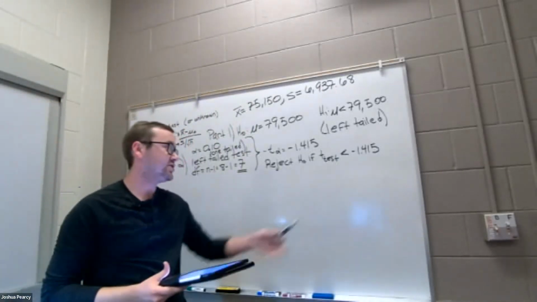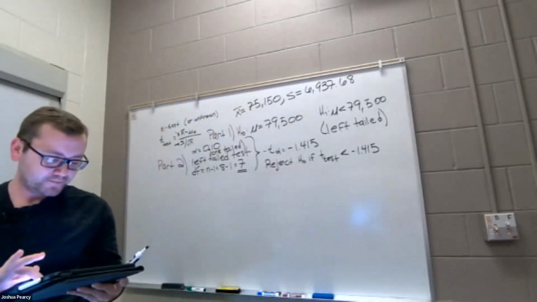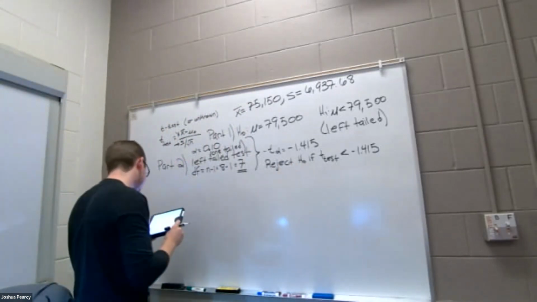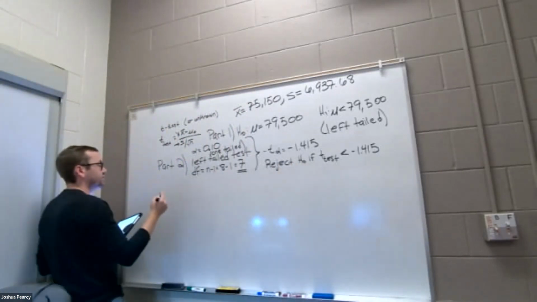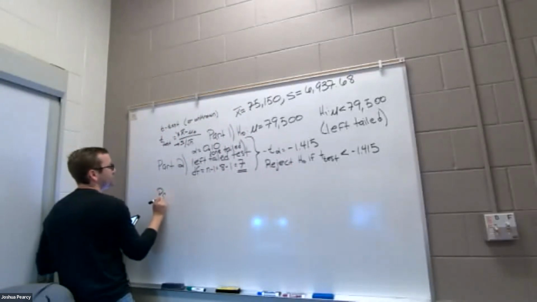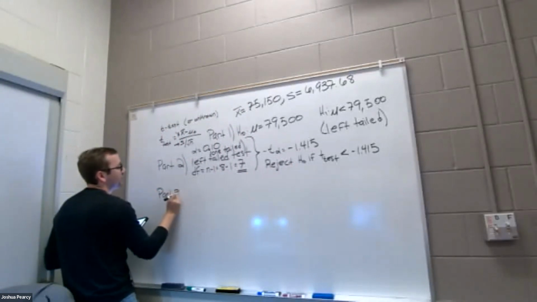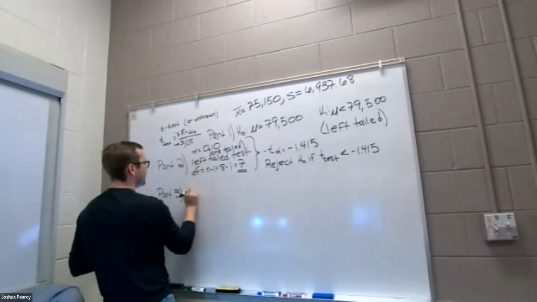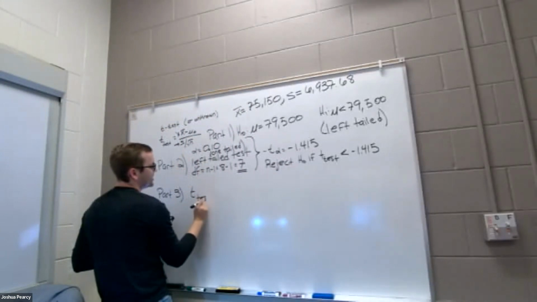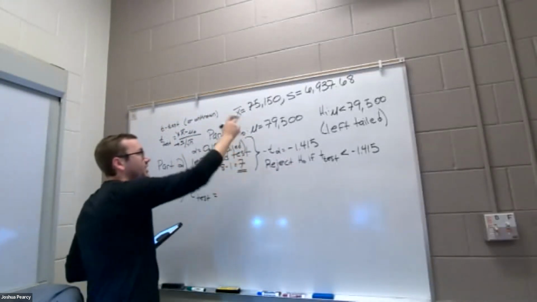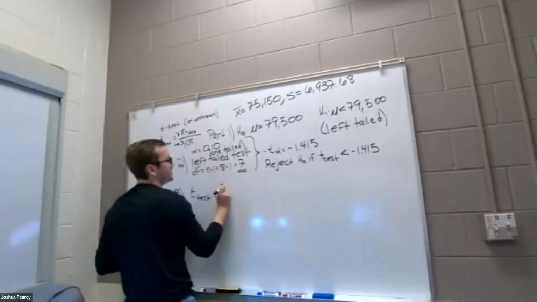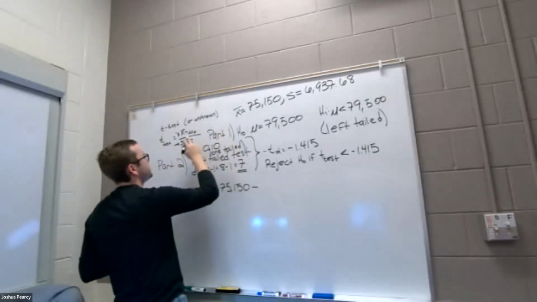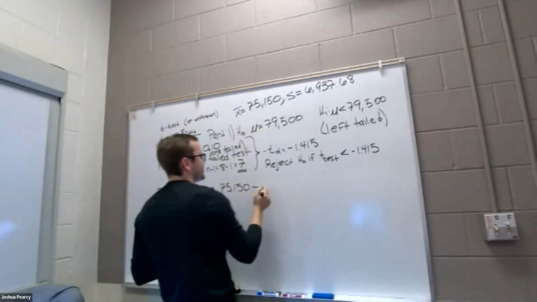If it was a right-tailed test, you just keep the positive one. Then part 3, compute the test statistic, and you don't need to worry about the last part. But I guess I can show you how to do it. So part 3, find the test statistic. So just use this here. Then you have that t-test is equal to the sample mean, which is 75,150, minus the hypothesized mean, which is 79,500.